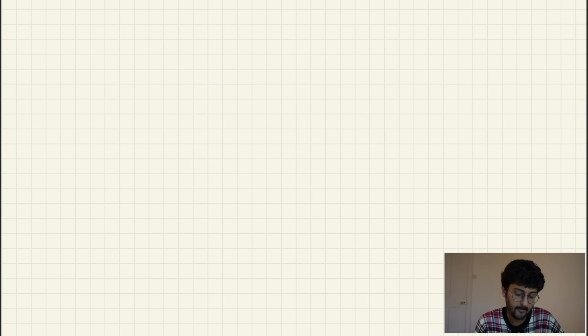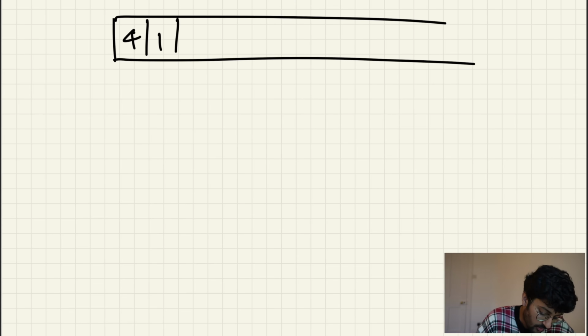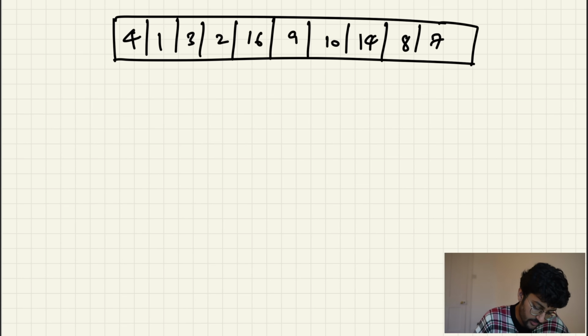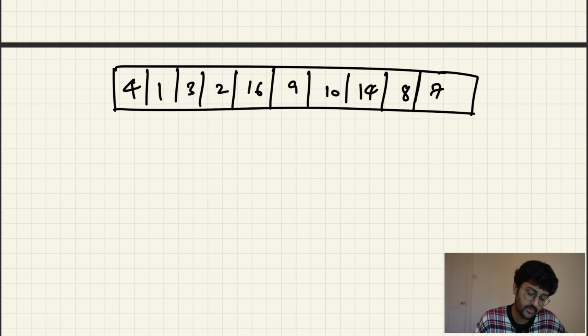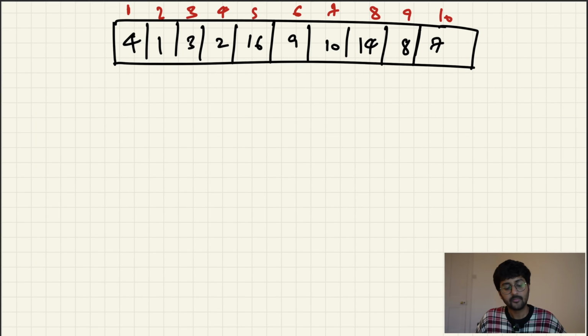Let's say you're given 4, 1, 3, 2, 16, 9, 10, 14, 8 and 7. Remember the fundamentals, we have done the fundamentals. Indices, let's say I start with 1: index 1, 2, 3, 4, 5, 6, 7, 8, 9, 10. Unsorted array given.